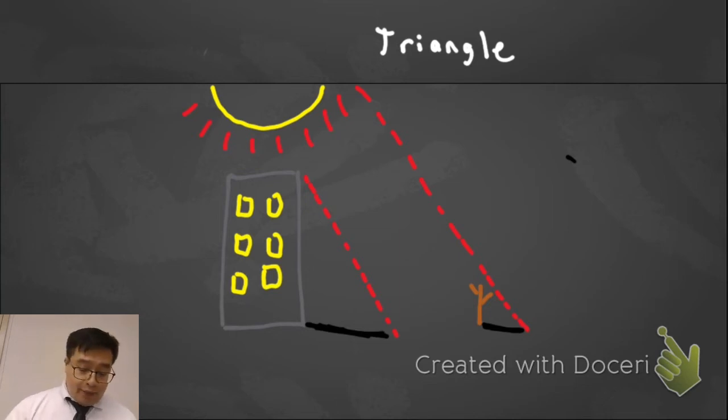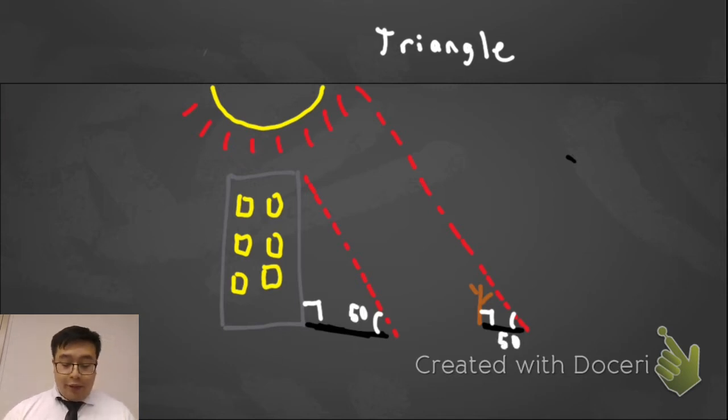This is going to be a right angle. One unique thing about the sun's rays when they hit an object: notice that the sun's rays are parallel. These two angles down here are going to be equal. For this example, let's say that this angle is going to be 50 degrees.